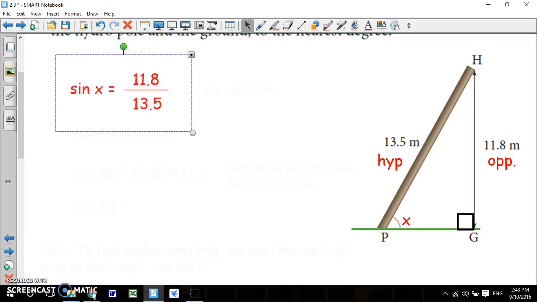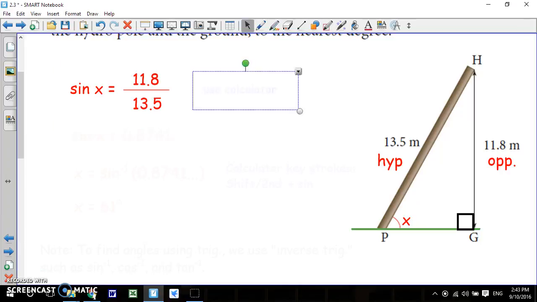So sine X is 11.8 over 13.5, but there is no such thing as dividing by sine to solve for X in math. Instead, we'll be using something called the inverse sine, or second function sine, on your calculator. To do that, you may want to first simplify 11.8 divided by 13.5 on your calculator.